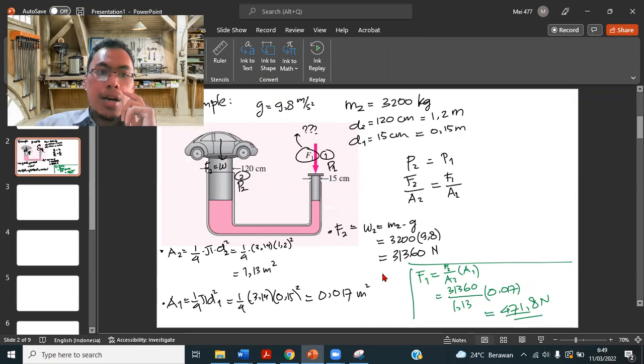It really helps us as humans, because it is almost impossible for people to lift up this car.